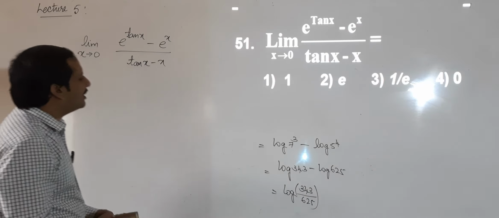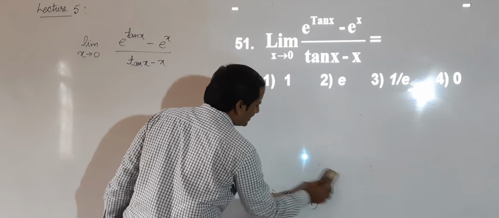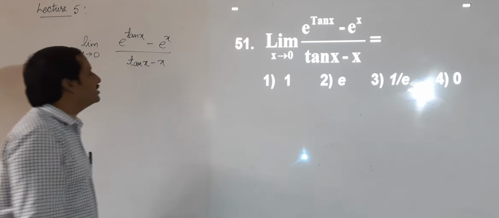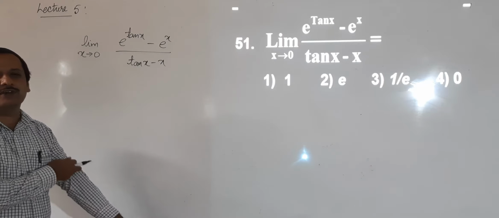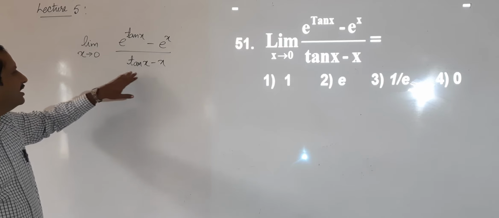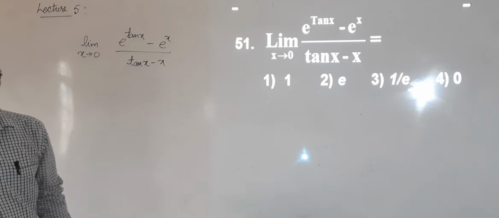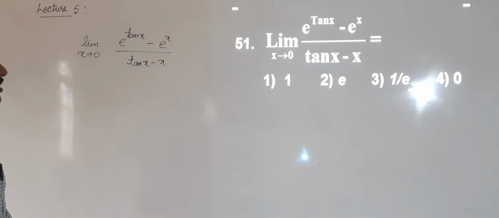If I directly apply the limit here as x tends to 0, tan 0 is 0 and e power 0 is 1, minus e power 0, that is also 1. 1 minus 1 is 0. Denominator tan 0 is 0, minus 0, so 0 by 0, an indeterminate form.